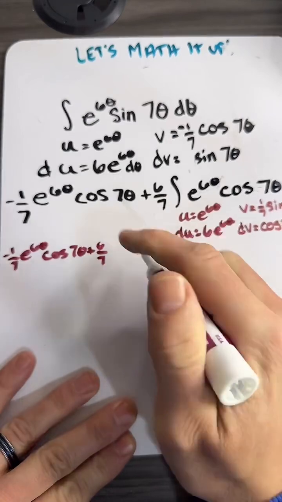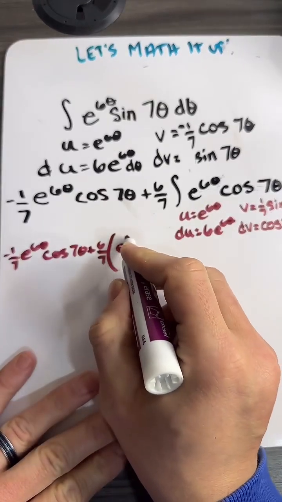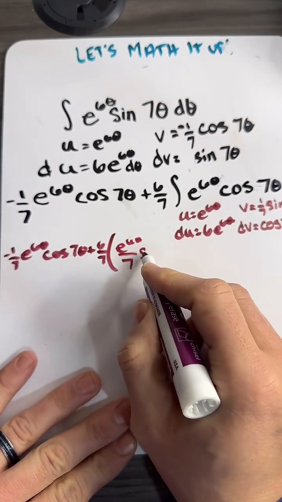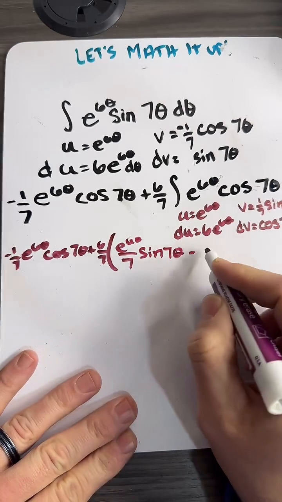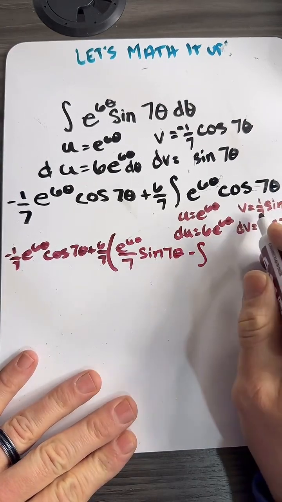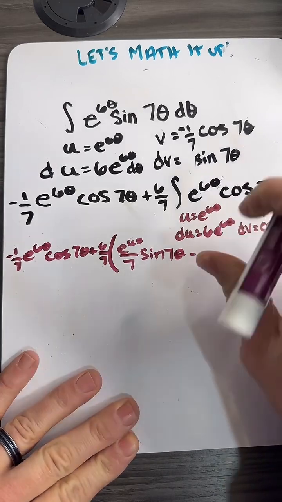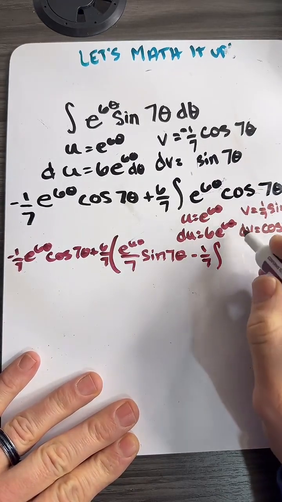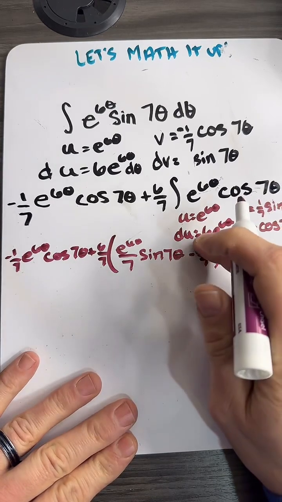I'm going to put that in big parentheses. uv, so e to the 6th theta over 7 sine 7 theta minus v du. So I'm going to get minus 1/7. Gotta put that 6 out front.